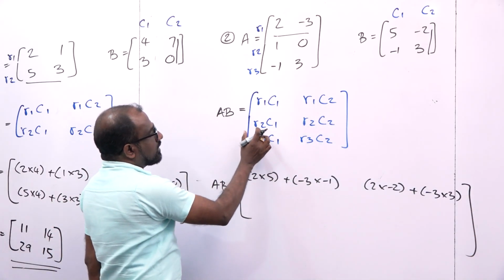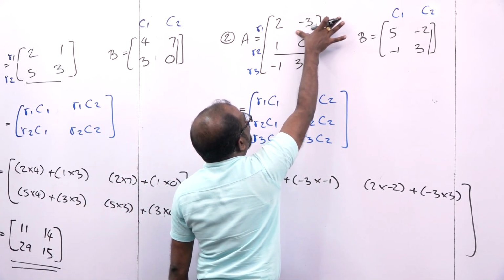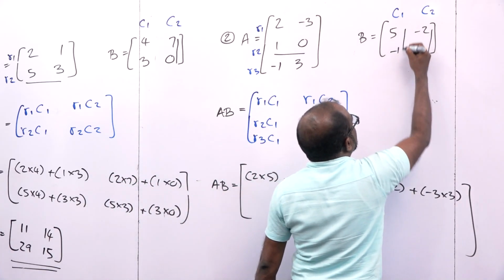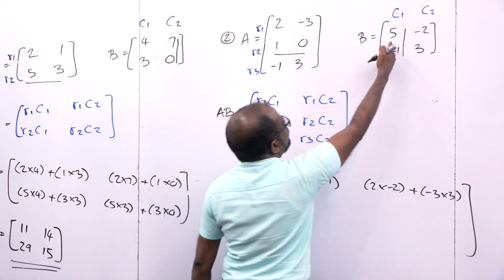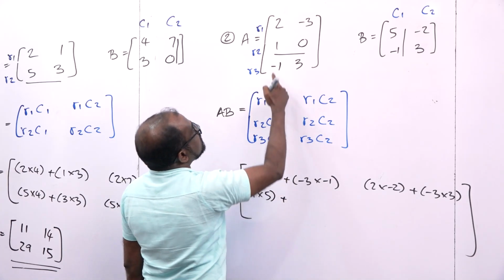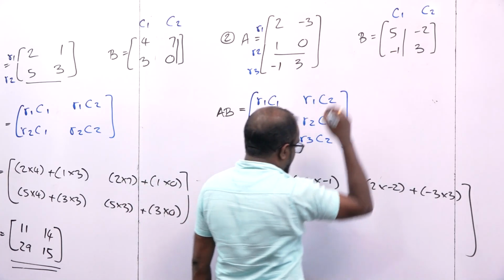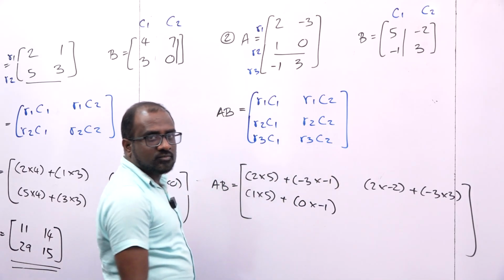Now get the second one here. Row 2, column 1: the second row should be multiplied with column 1. Then 1 times 5 plus 0 times minus 1. Right.